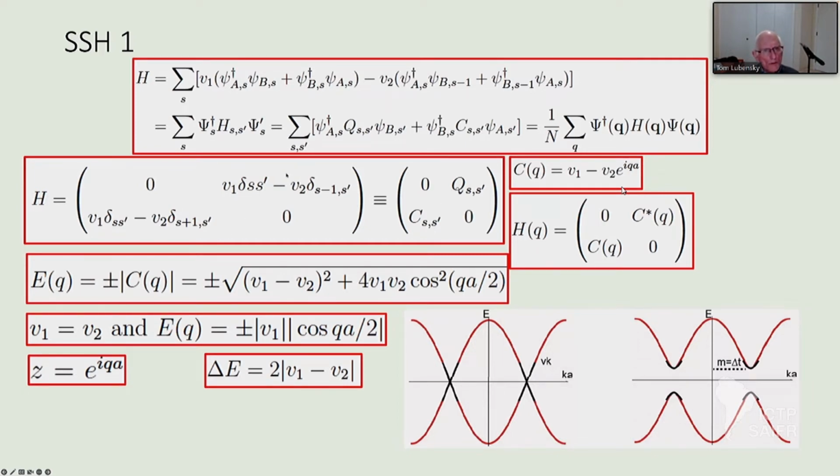And we'll call the one that's up here the Q S S prime, and the one that's down here is the C S S prime. And they are, in fact, transposes of each other.